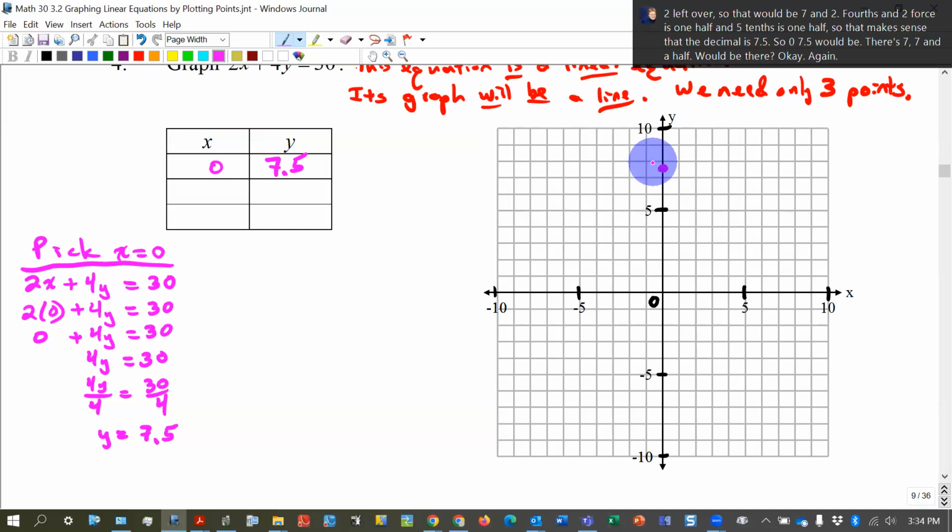Again, this point is almost to the edge of this graph. So we may be unlucky with the next number that we pick.